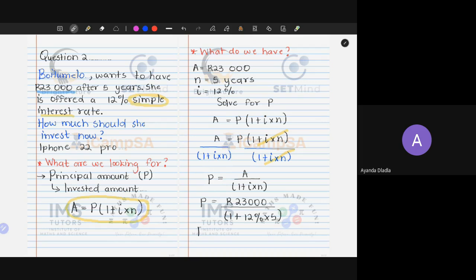Okay, let me see. P is 14,375. Did you say that? Yes. Comma what? 00. There's no comma. Okay, so 00 rands. So what do we say to our friend Buitumelo who wants an iPhone 16 Pro after 5 years?